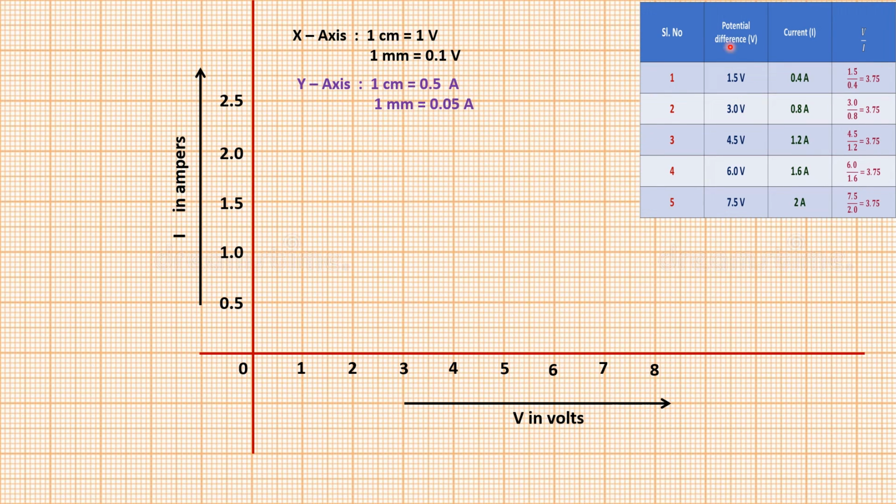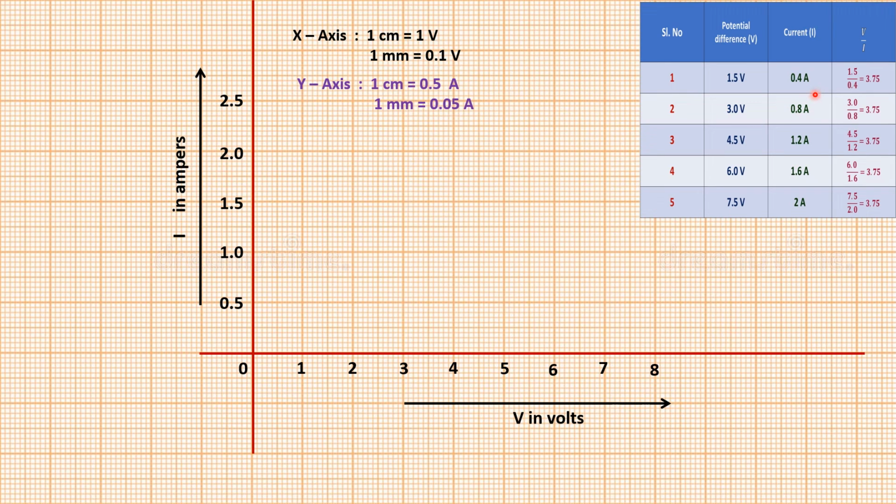See here. For 1.5 volts, what is the current? 0.4 amperes. 1.5 volts means here 1, here is 1.5, and the current is 0.4 amperes. 0.4 amperes means 0.4 divided by 0.05, because one small unit represents 0.05 amperes.